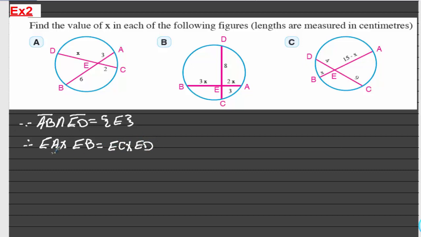Now substitute EA equals 3, EB equals 6, EC equals 2, ED equals x. So x equals 3 multiply 6 is 18. 18 divided by 2 equals 9 centimeters.